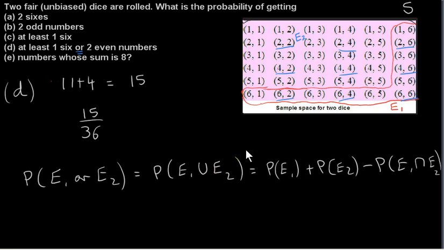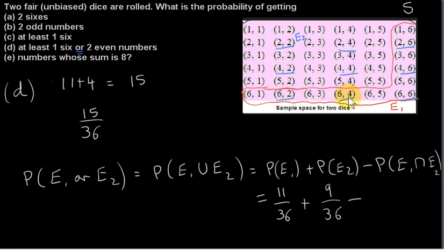That's the union of the two sets E1 and E2, and the probability of that union is the probability of E1, which we saw before is 11 over 36, there are 11 elements in E1, plus the probability of E2, which is 1, 2, 3, 4, 5, 6, 7, 8, 9. We have 9 elements in E2, so we put 9 over the number of elements in the sample space, and we subtract off the probability of the intersection of E1 and E2.